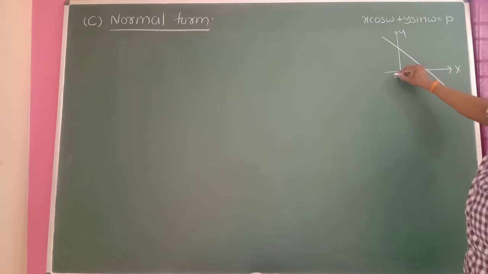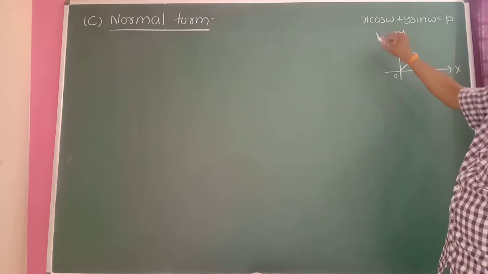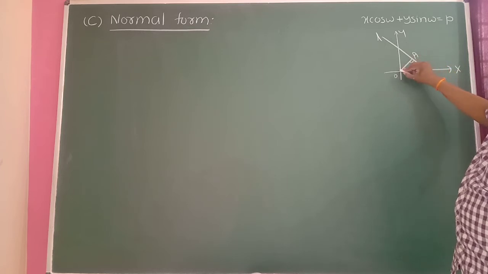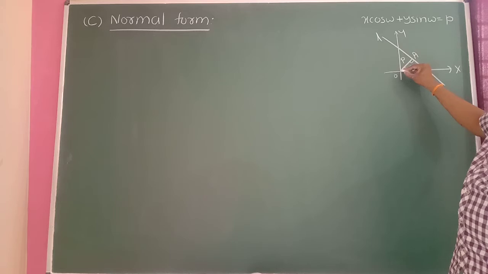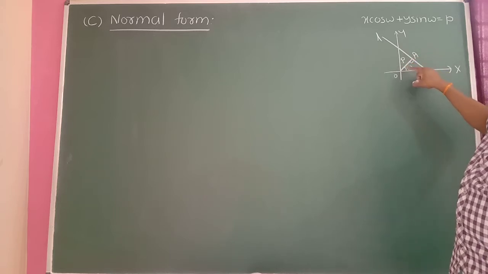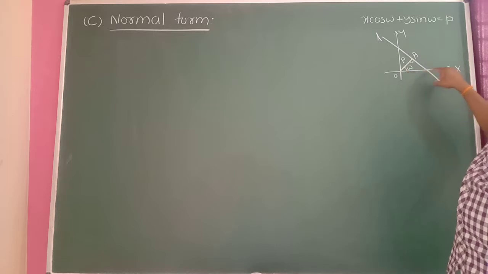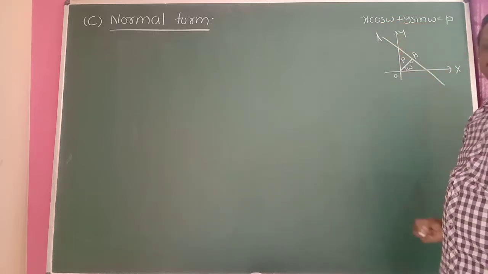Then I draw OA perpendicular to the line L. Then this OA is equal to p units, and this angle is omega. This is called the normal. Length of the normal is p. The normal makes angle omega with the x axis. Such a type of equation is known as the normal form.